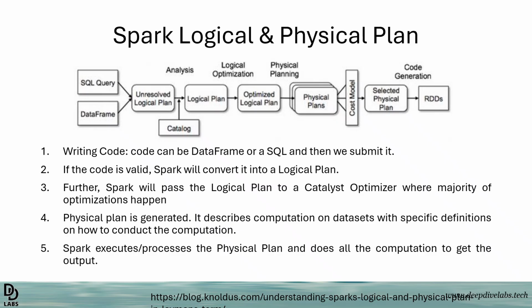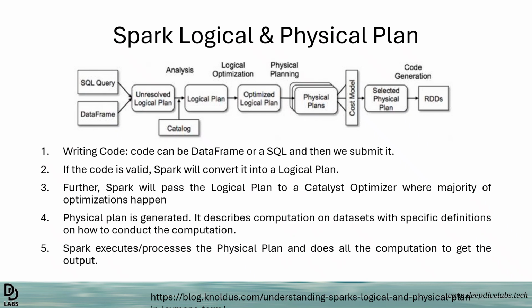So in the physical plan, Spark decides which partition should be joined first. Basically, it decides the order of joining the partitions, the type of joins, etc., for better optimization. Only after the optimization of the logical plan does the physical plan happen. The physical plan is the step-by-step way that the Spark executor can execute.